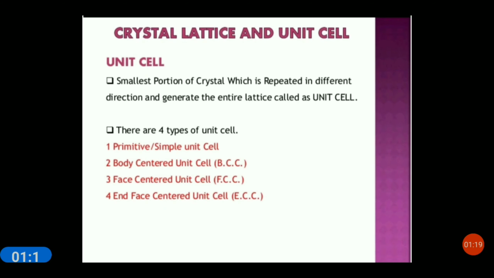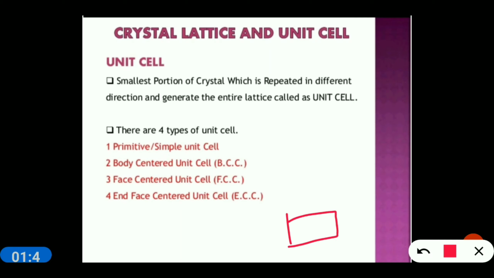Now the unit cell: the smallest portion of the crystal which is repeated in different directions and generates the entire lattice is called the unit cell. In my previous video I told you about the unit cell and the comparison with a brick and a wall. There also I gave you the example: imagine the unit cell is a brick.